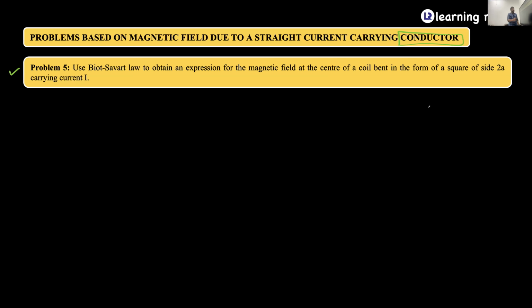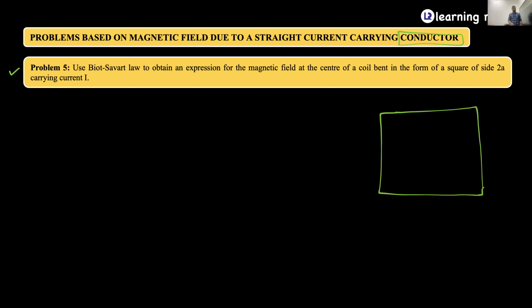Okay. So if I observe, I have a square like this. And what is going to be the side of the square? It is 2A. And this square is made up of how many conductors? It is made up of 4 conductors. I take 4 straight current carrying conductors of finite length. I join them. I get this shape.